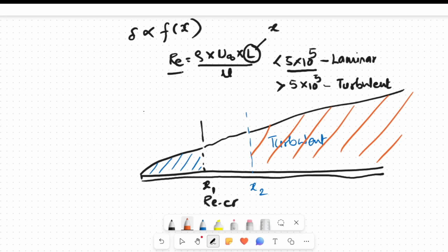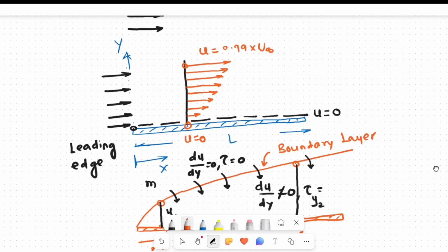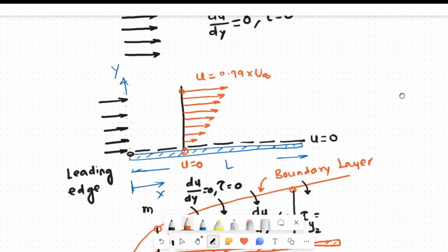Now friends, this is related to the introduction of boundary layer. We had a discussion regarding the boundary layer and the value of critical Reynolds number.